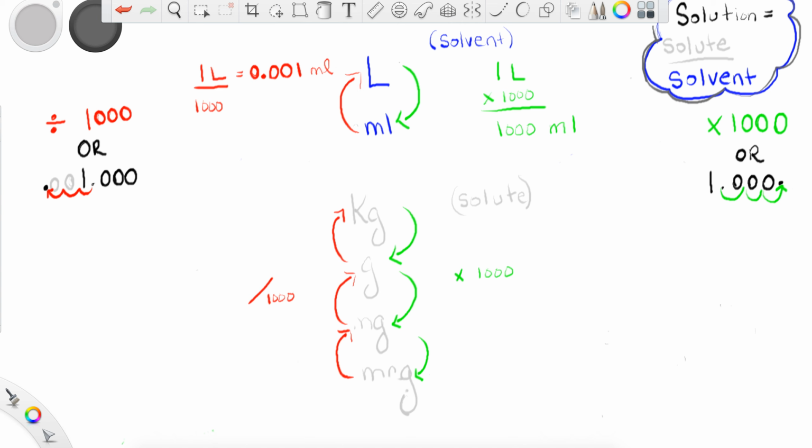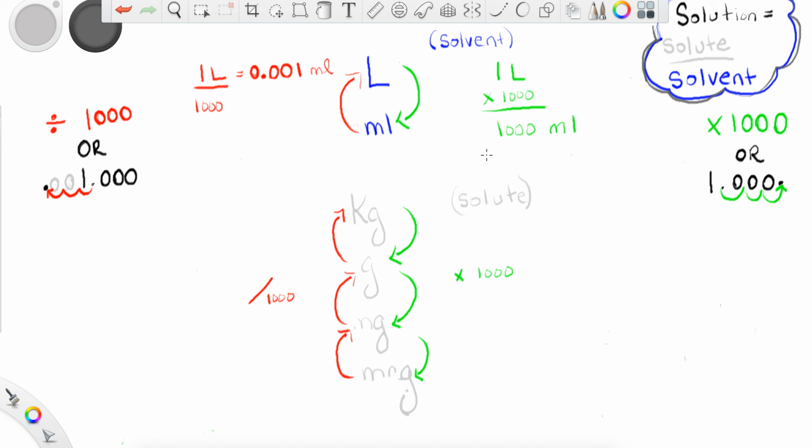Now when we measure these solutes and solvents, we measure them using the metric system. So on the solvent side, we use the units of measure of liters and milliliters. The liter is going to be that enormous bag, and the milliliters are going to be smaller increments that comprise the liters.